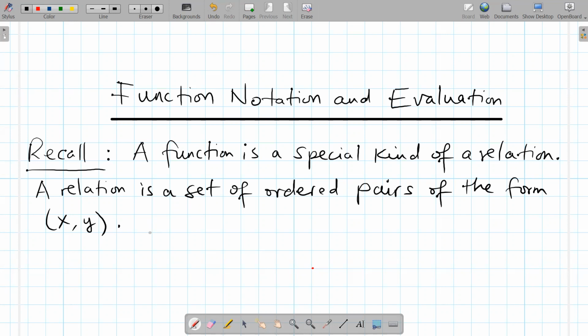Now this function, which we say is a special kind of a relation, is a process.